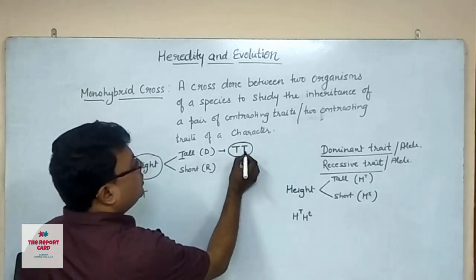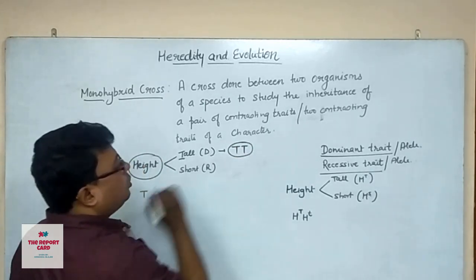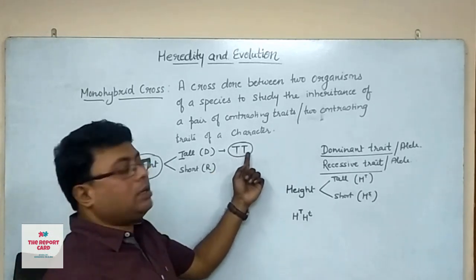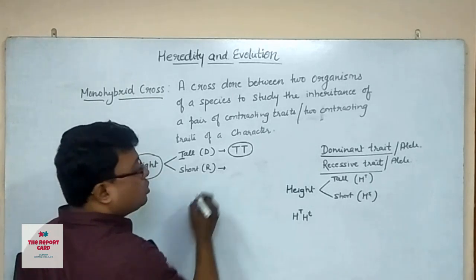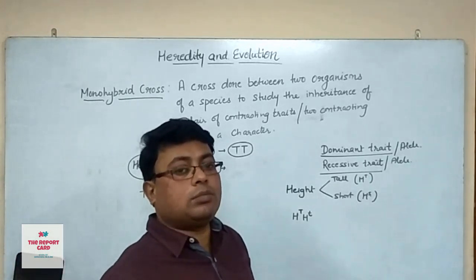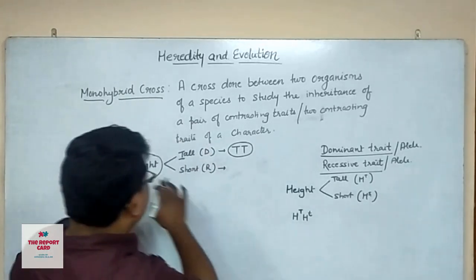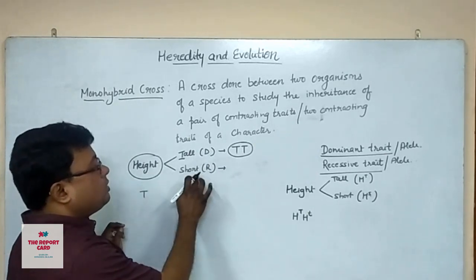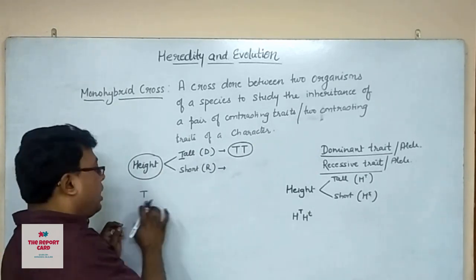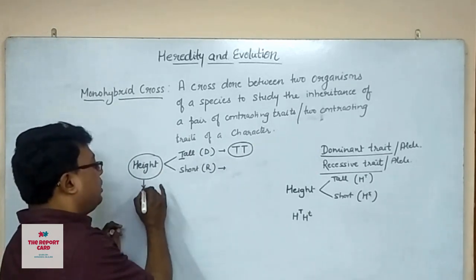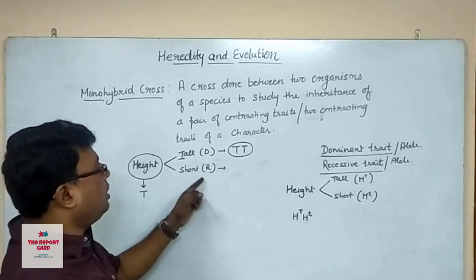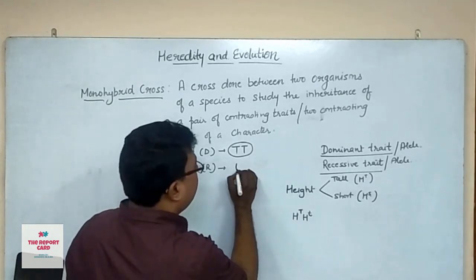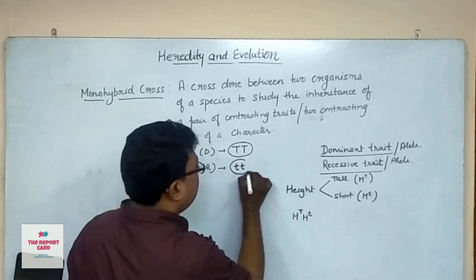These are the two alleles to depict the dominant trait, that is capital T and capital T. Now, when it comes to the recessive trait, since it's the same character, shortness is a trait for height only, and we decided that we are going to depict this particular character with letter T. So to depict a recessive trait, I am going to use small t and small t.